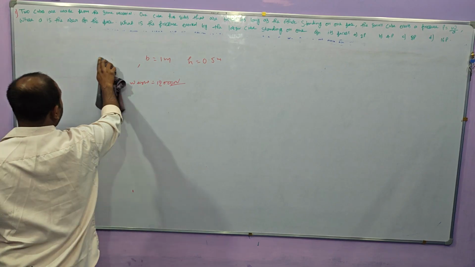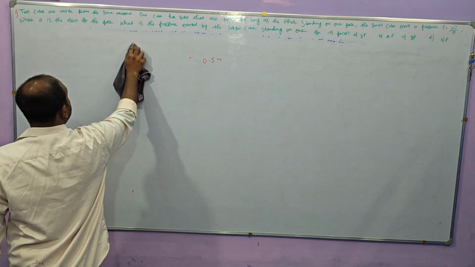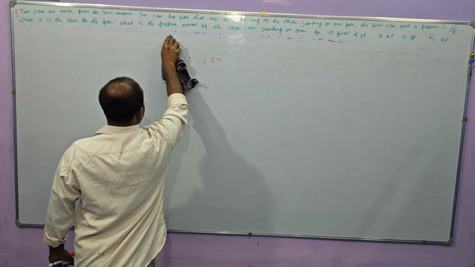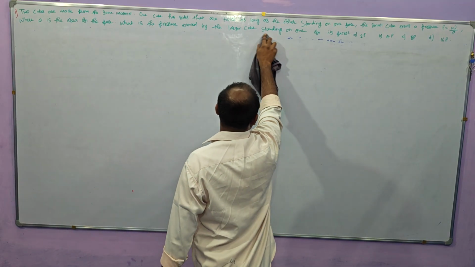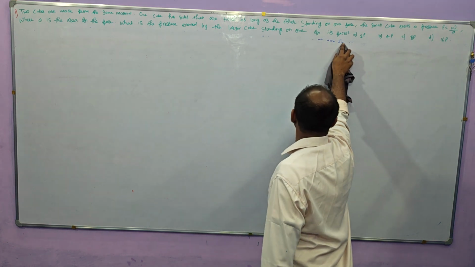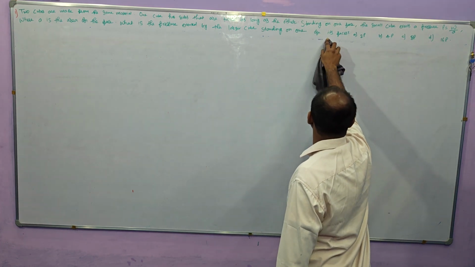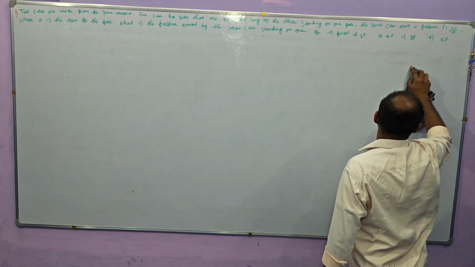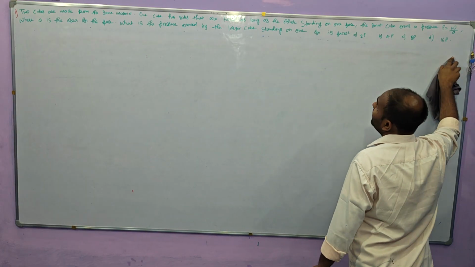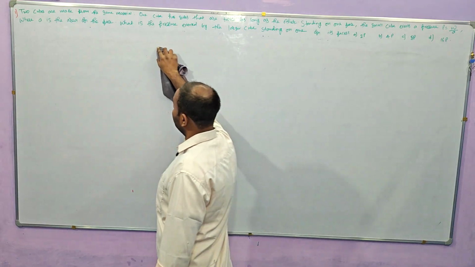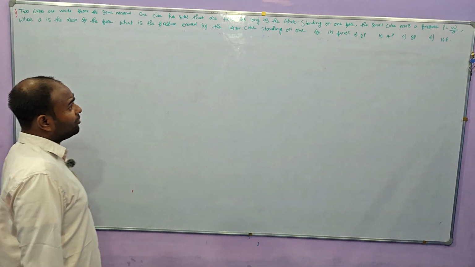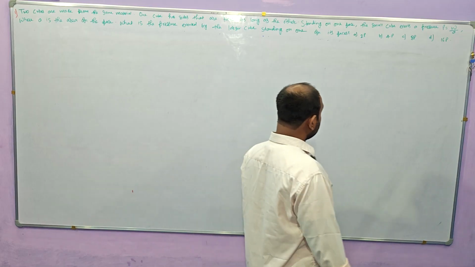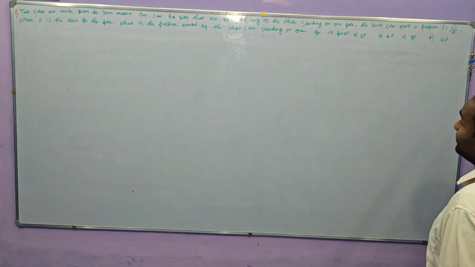Two cubes are made from the same material. One cube has a side that is twice as long as the other, standing on one face. The small cube exerts a pressure P equal to W by A, where A is the area of the face. What is the pressure exerted by the larger cube standing on one of its faces?